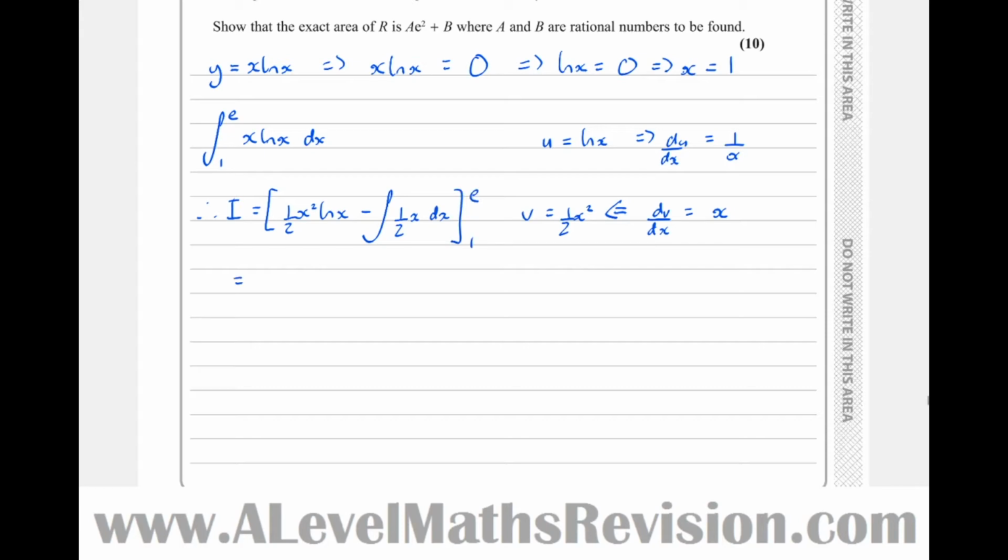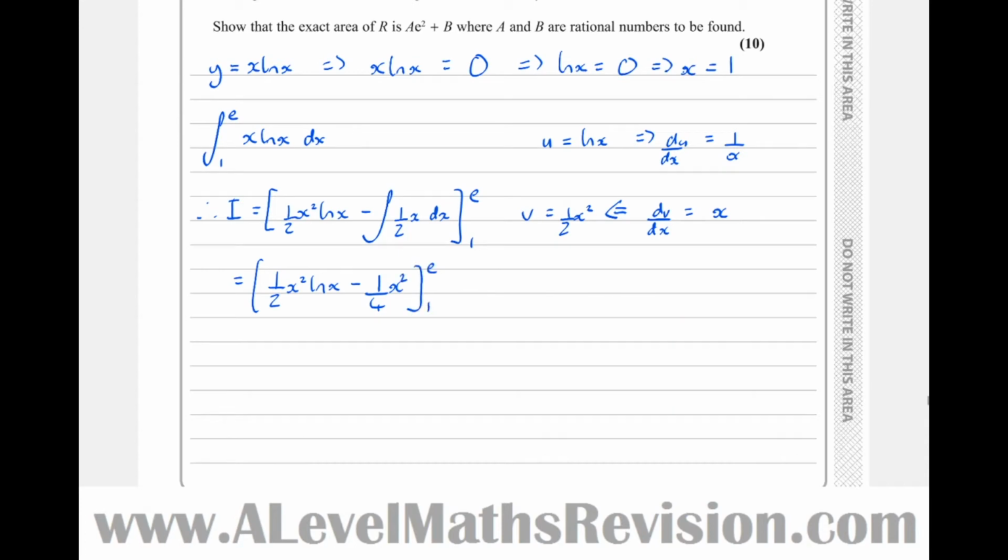That is equal to a half x squared log x, take 1/4 x to the power of 4 between e and 1, and then subbing in the limits, we get 1/2 e squared log e minus 1/4. And I've written x to the 4 there. That should say 1/4 x squared.